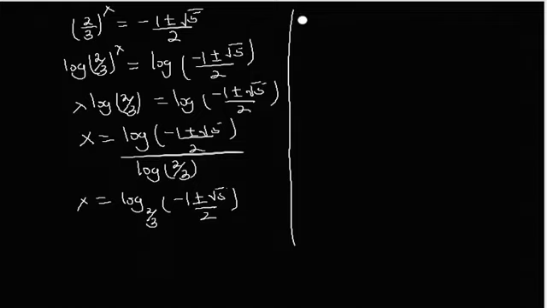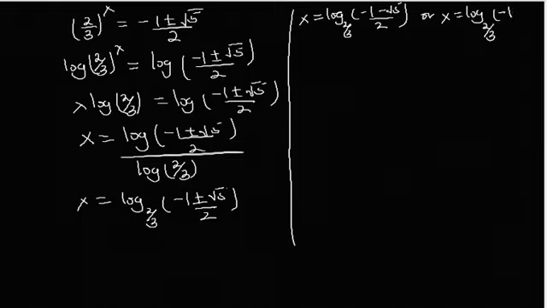So we can see we are having two values of x: x is equal to log base 2/3 of (-1 - √5) / 2, or x is equal to log to base 2/3 of (-1 + √5) / 2.